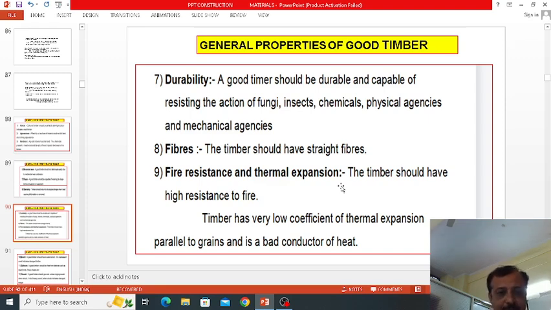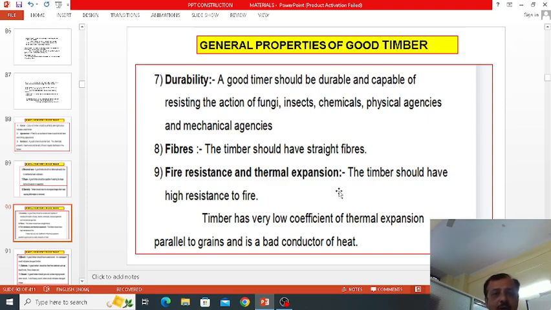The fibers. The timber should have straight fibers. It should not have undulated fibers. Undulated fibers indicate weak timber. The fire resistance and thermal expansion.